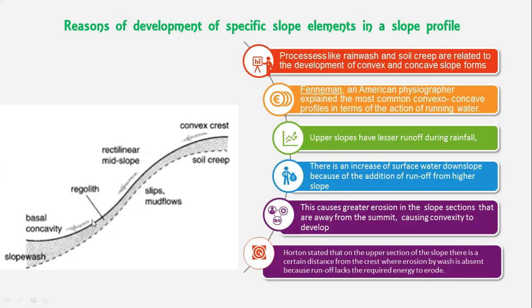There is more sheet wash because the volume of water increases. With the increase in volume, the particle matter loaded in it also increases. So sheet wash becomes more important in the lower sections than in the upper sections of the slope.